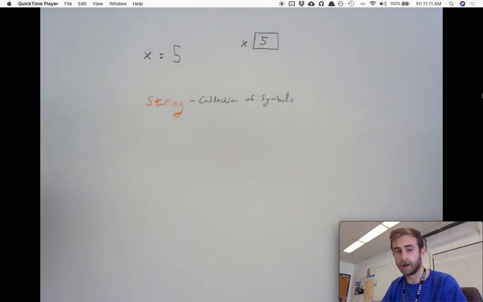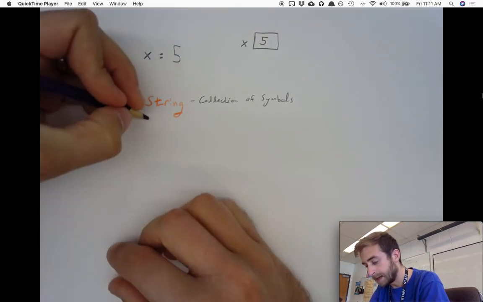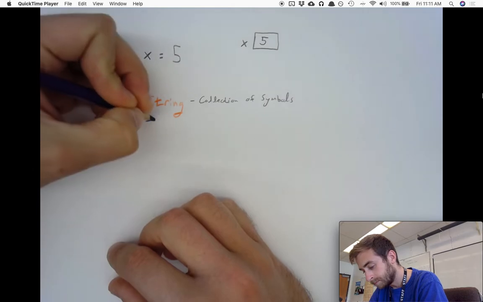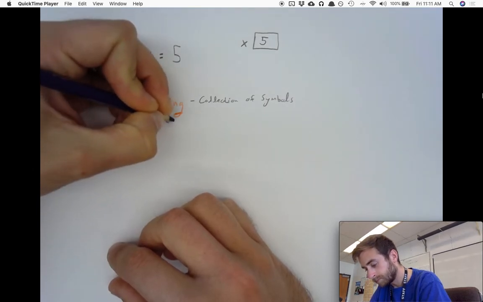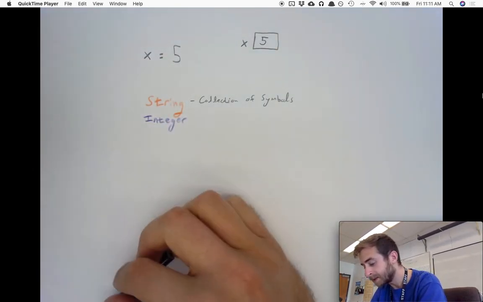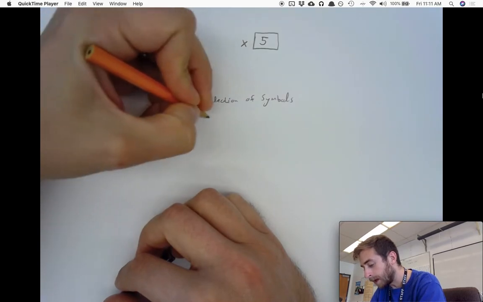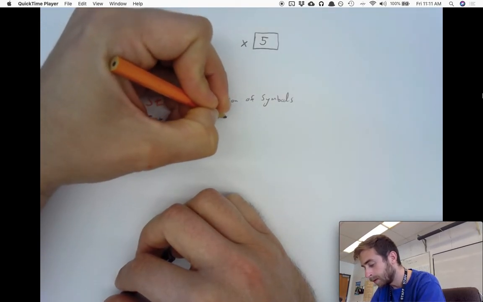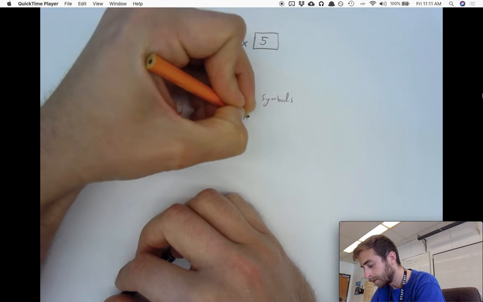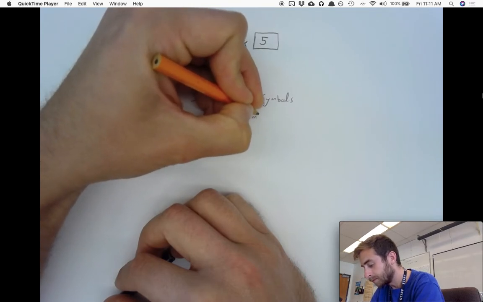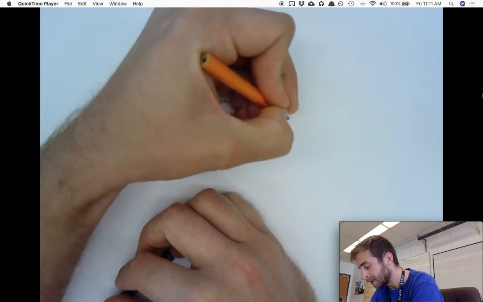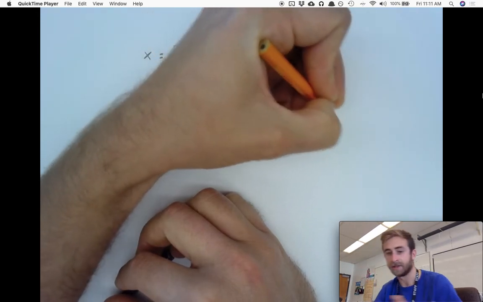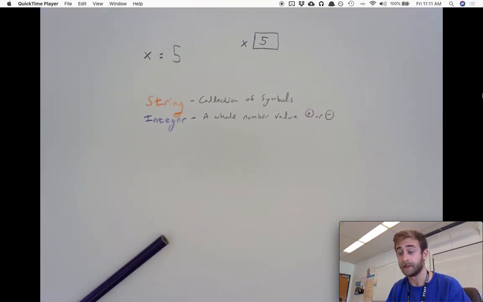The next thing we're going to talk about is an integer, and that is a whole number value. And it can be positive or negative. I mean, that's just the math definition of an integer.